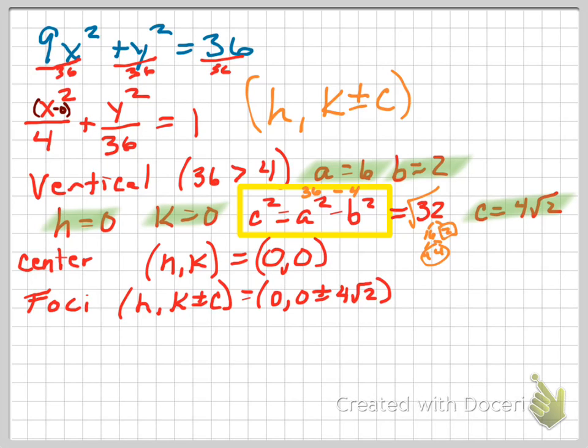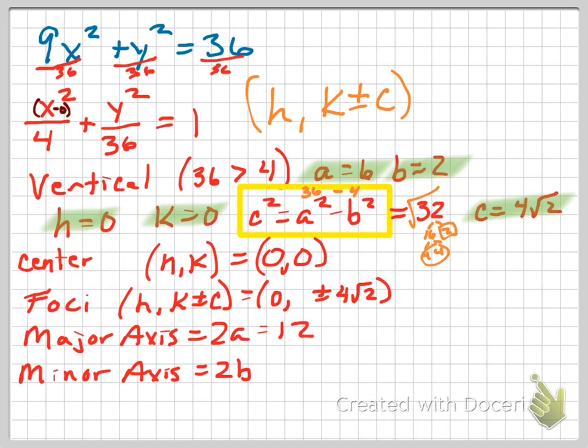And of course, 0 plus or minus 4 root 2 is just plus or minus 4 root 2. That's where the focal points would be. Major axis 12, minor axis 4. Just finding the pieces given the equation.